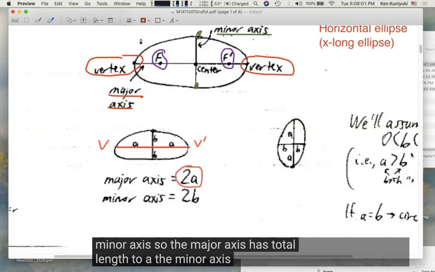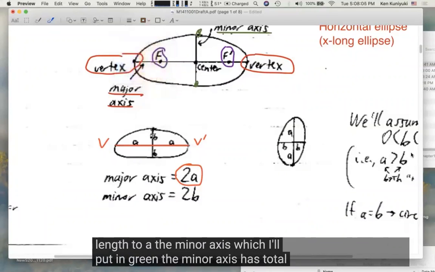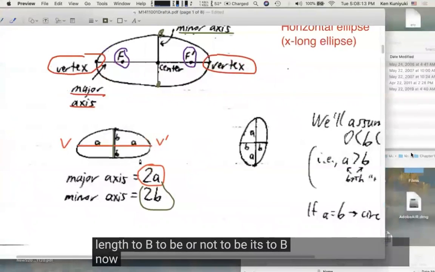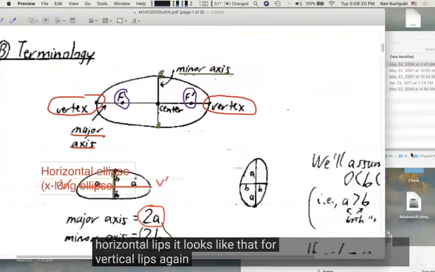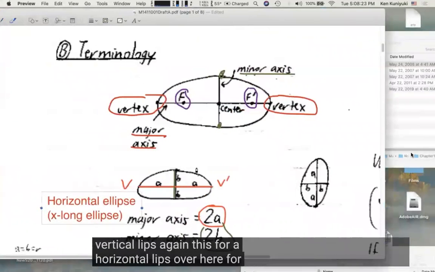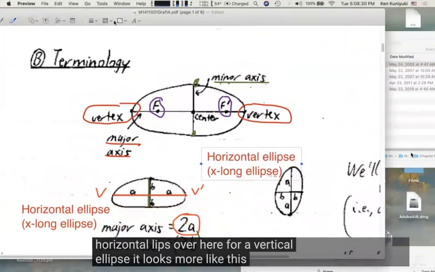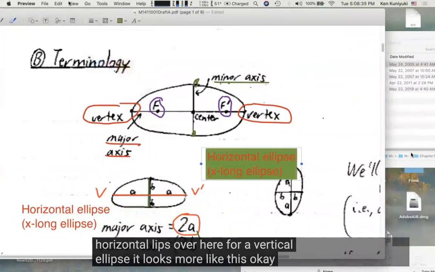The minor axis, which I'll put in green, the minor axis has total length 2B. To be or not to be, it's 2B. Now that's for a horizontal ellipse over here. For a vertical ellipse, it looks more like this.